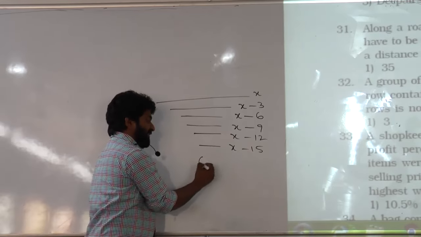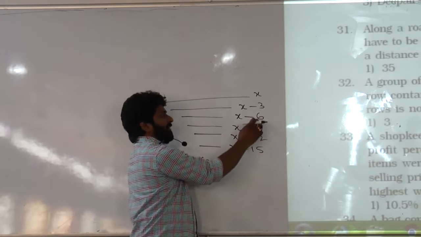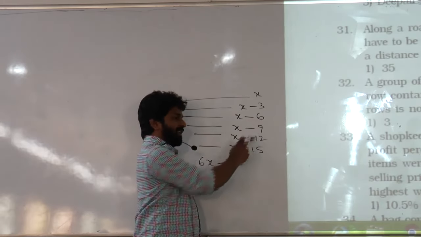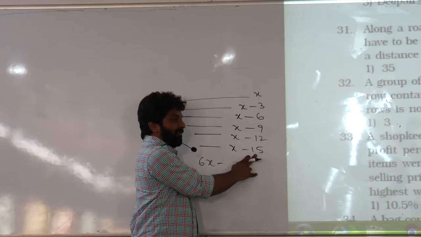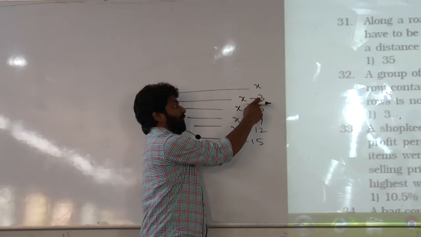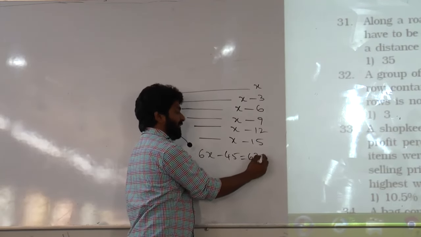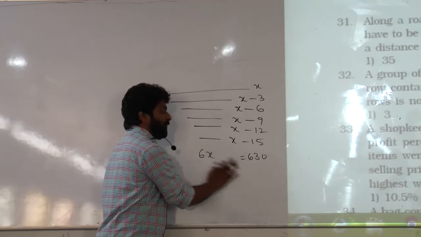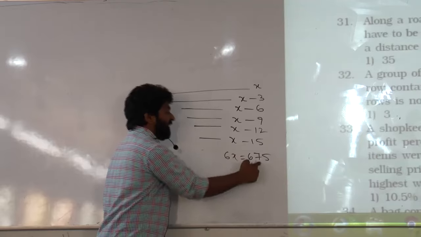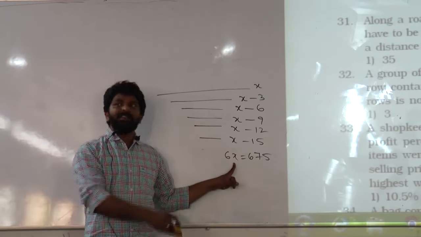Sum is 6x minus, wait a minute, minus 6 minus 9, minus 15 minus 15. 30 plus 12, 42, 45. 6x minus 45 is equal to 630. 6x will be equal to 675. Is 675 a multiple of 6? So here you will not get an integer for the x value.